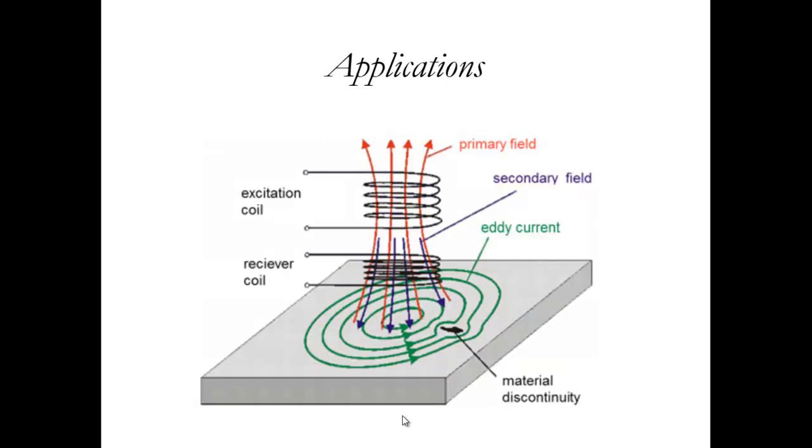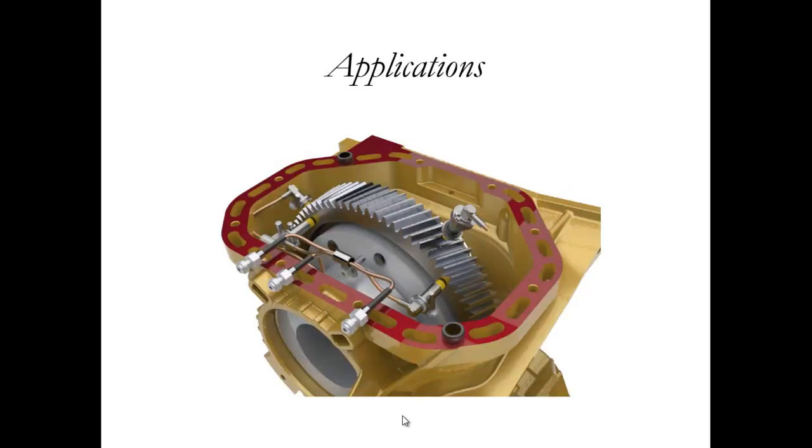Obviously the applications in this case include material discontinuity. When there is a material discontinuity, there is a change in the eddy currents, and accordingly a change in the magnetic flux. This will have a different kind of effect on the receiver coil's induced current. So obviously we can detect material discontinuity with this.